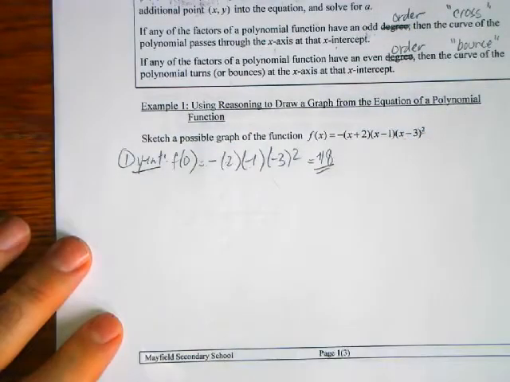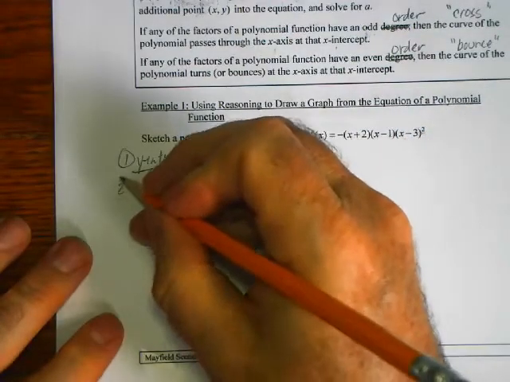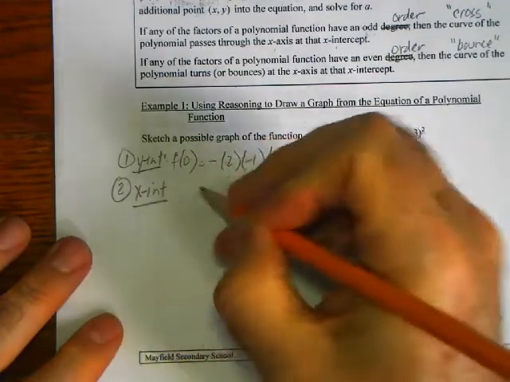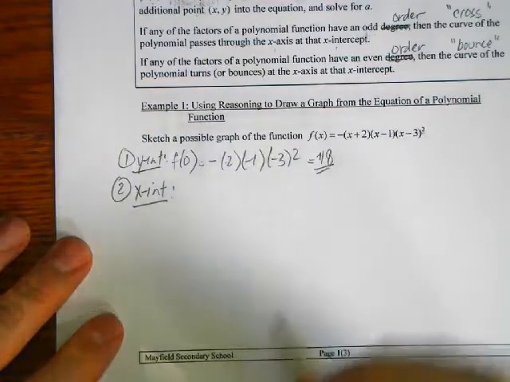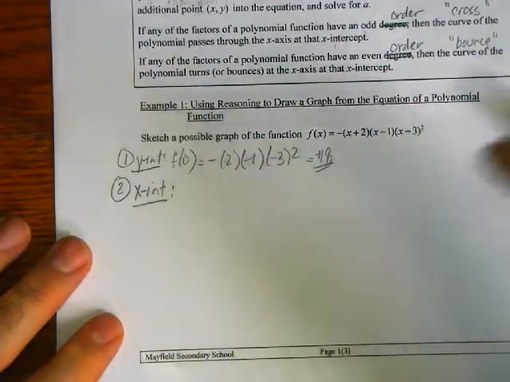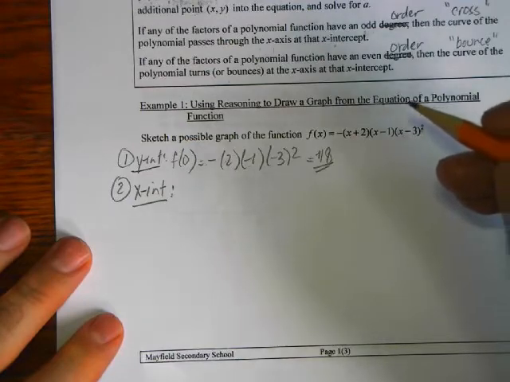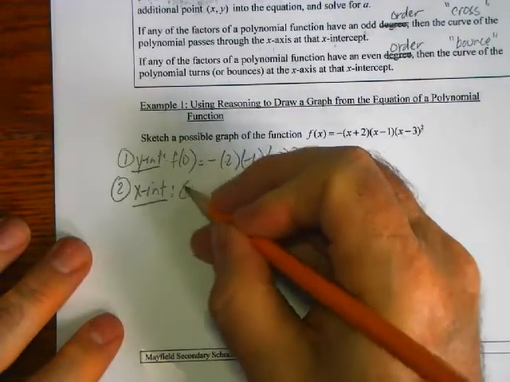So there's the y-intercept. Now the x-intercepts, we've been talking about those quite a bit for this lesson. Instead of setting x equal to 0, you set the y value equal to 0, because that is the x-axis. So you set the equation equal to 0.